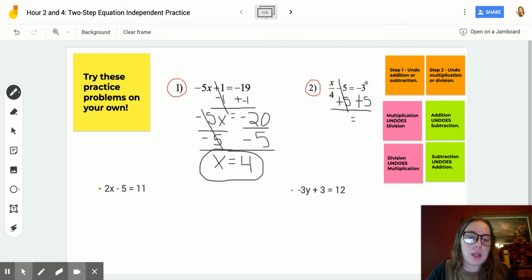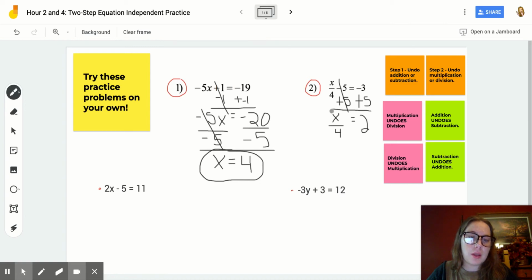And then negative 3 plus 5, that's like subtracting 3 from 5, so we are left with 2 on this side. Then we just bring down whatever we didn't use, and we did not use the x over 4 yet. Now we have x over 4 equals 2.